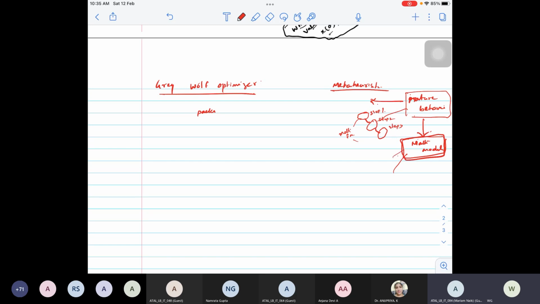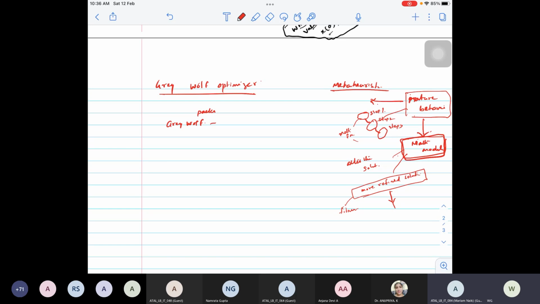They alter the solutions based on this model to get more refined solutions, and every time they check these refined solutions for fitness. The best fit solutions are taken, the rest are thrown away, and that way iterations are carried out.